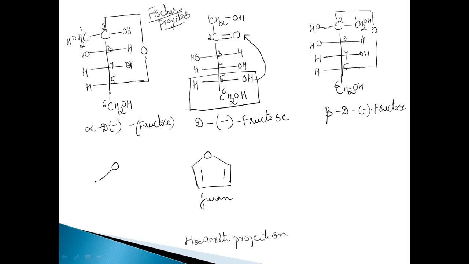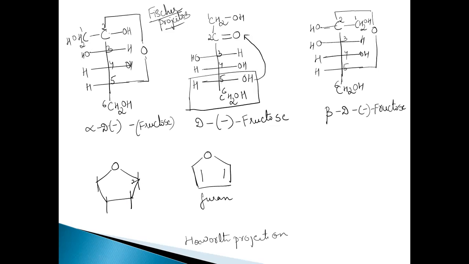That is a 5-membered ring with oxygen here, and write the lines, number them 1, 2, 3, 4. This is 2, yeah. Yes, this will be the first carbon atom. So this is second.